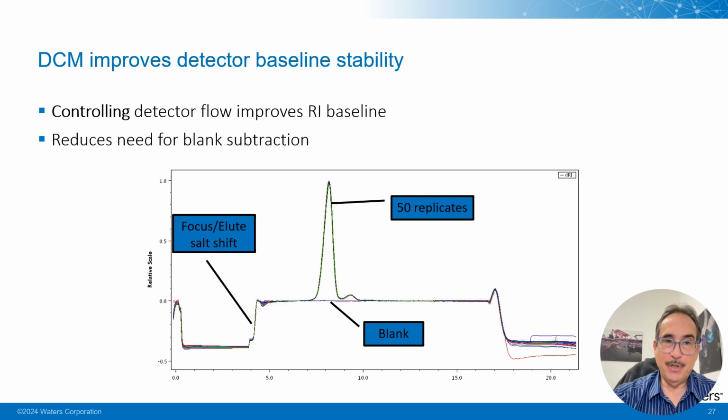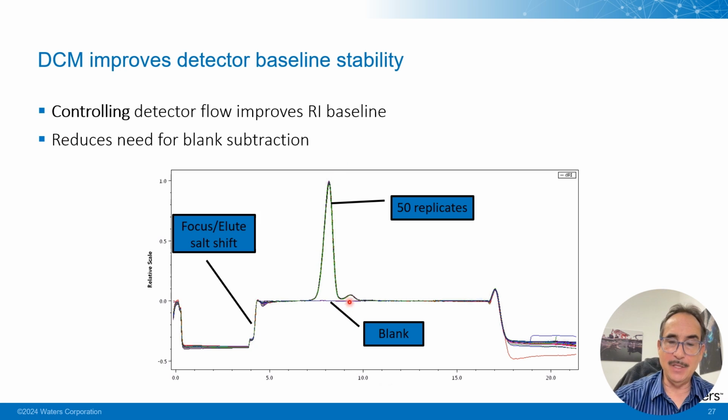Another consequence of controlling the detector flow is improving the detector baselines. For example, the refractive index detector is well known for being very sensitive to the flow through the detector. So if you have small variations in the RI flow, it shows up as a wander in the RI baseline. And so here is an example of when you use the RI detector with a large number of replicates.